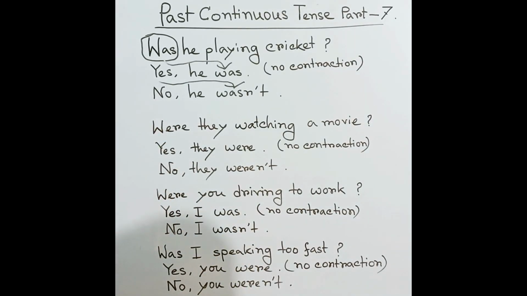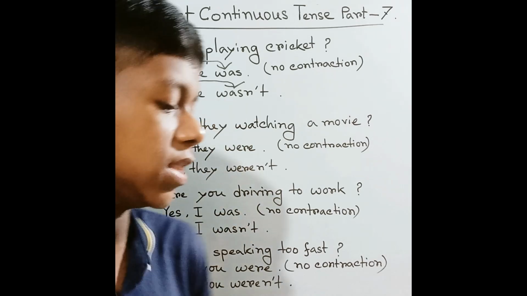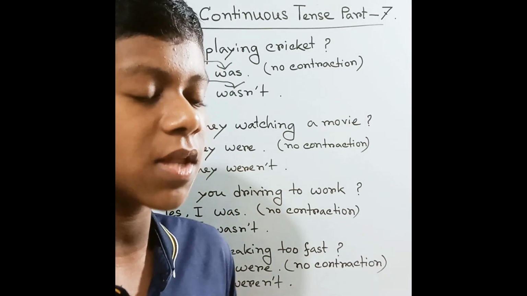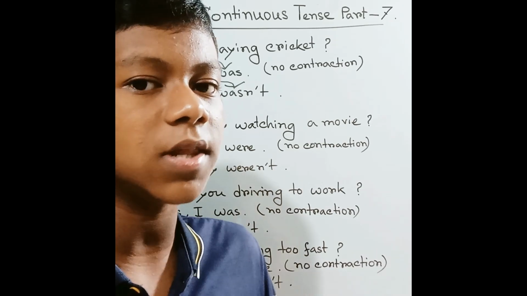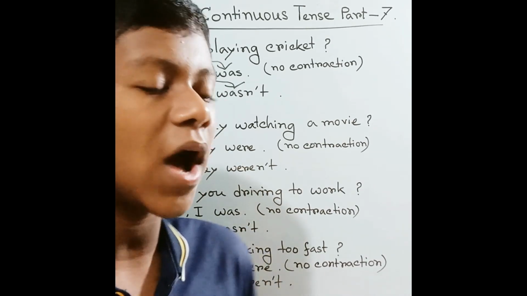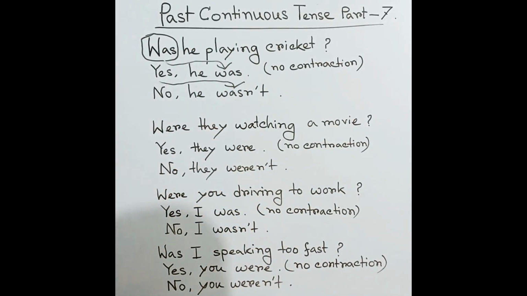You can shortly say yes, he was, or no, he wasn't, in the formal way. Sometimes we give the full answer, but generally we give the short answer, because it saves our time. I hope you have understood.